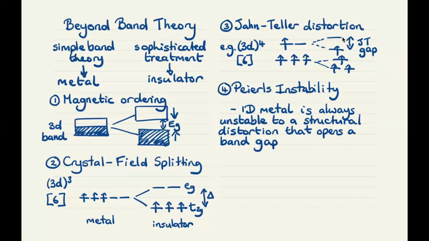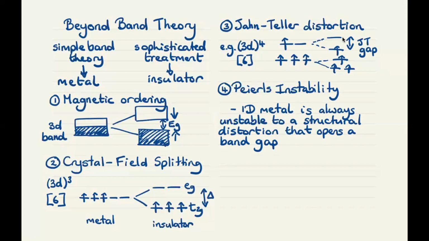So these are all examples in which, if we just took the simplest possible band theory, we would end up assuming that our material was a metal, whereas in fact there's some other driving force, some other piece of physics, which means it's an insulator.